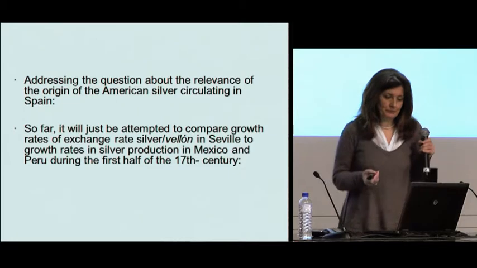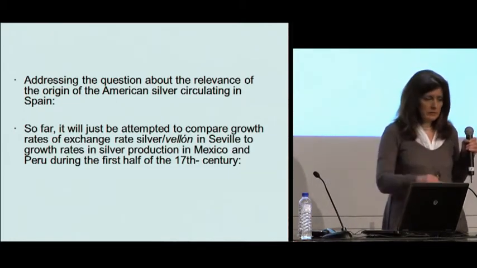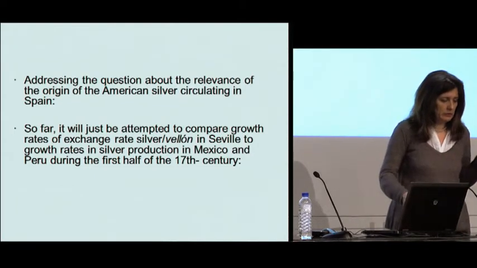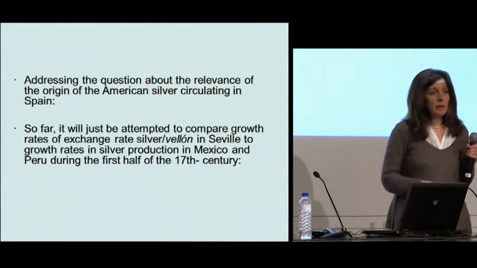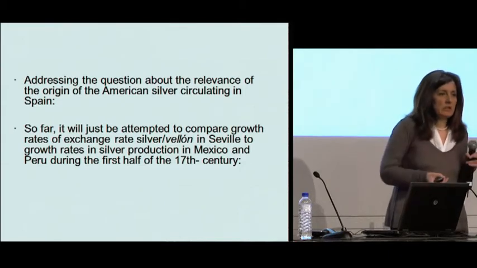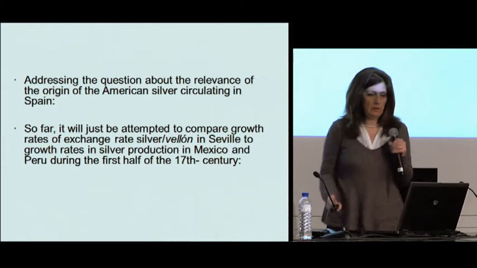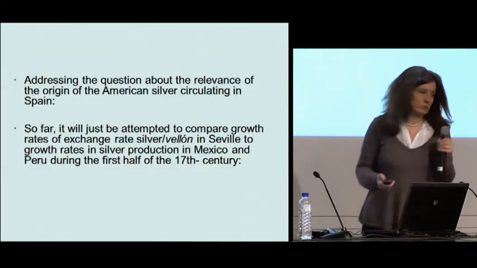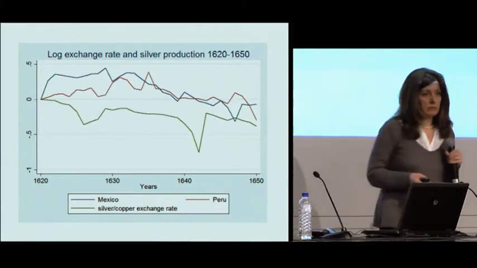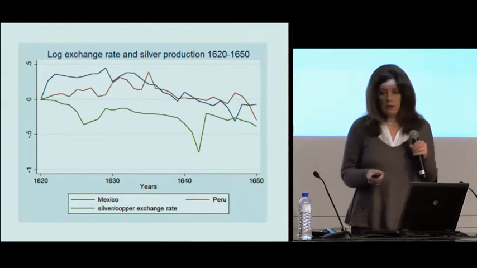Now, this silver that was produced in Mexico and moved into Spain through these merchant networks may have affected the exchange rate of silver in respect to the yuan in Castile. Okay. Now, as I said, this is work in progress. I will have to do a huge amount of research to have any conclusive results.